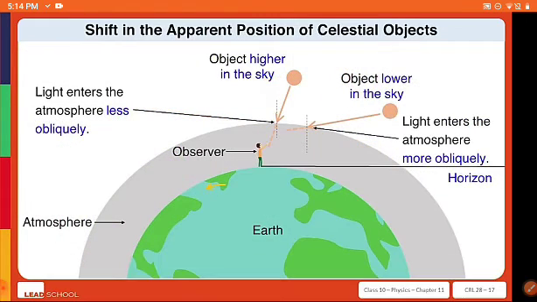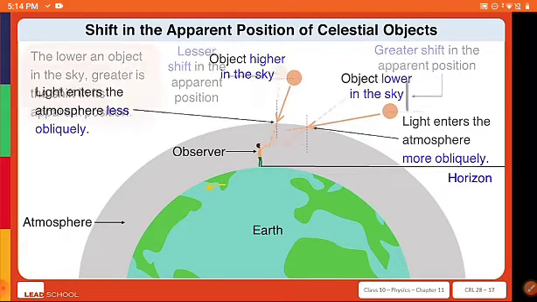An interesting observation is the amount of shift in the apparent position of celestial objects depending on their position in the sky. Notice that the light coming from an object nearer to the horizon enters the atmosphere more obliquely than that coming from an object higher up in the sky.